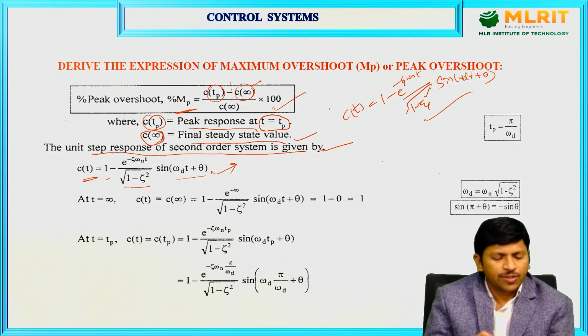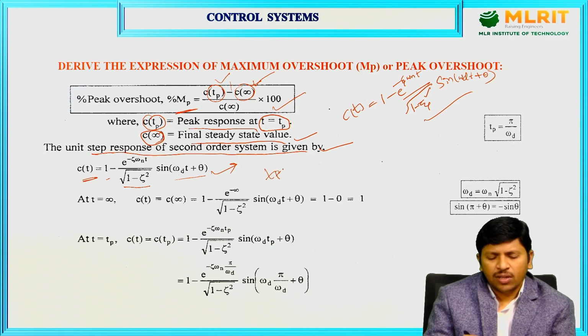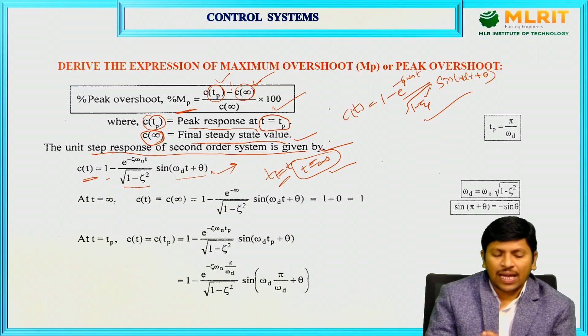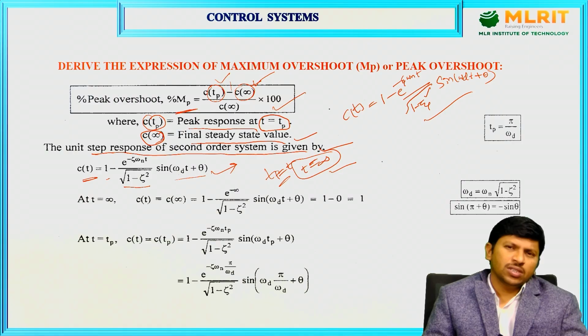Here we need to calculate c of tp, the peak response, at t equals tp, and the value at t equals infinity. Then only we finally get the maximum overshoot or peak overshoot expression.